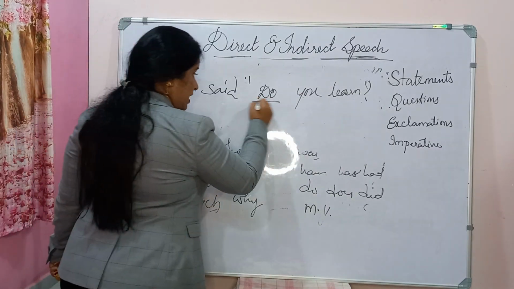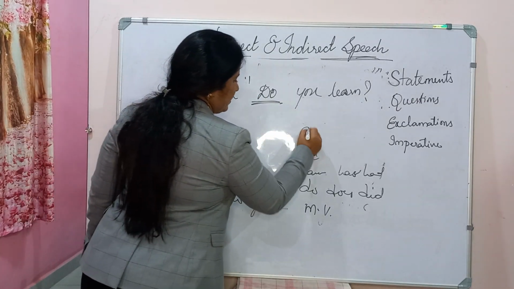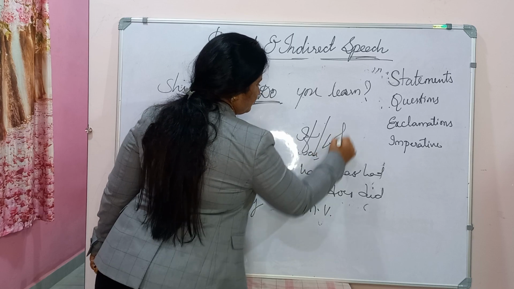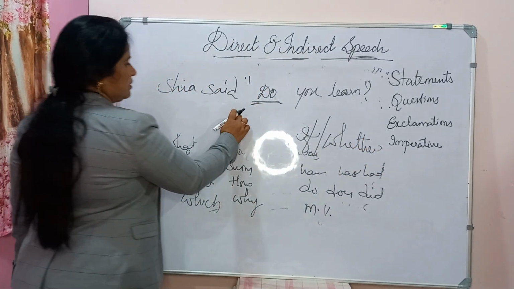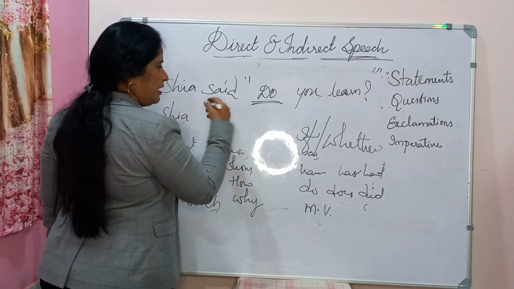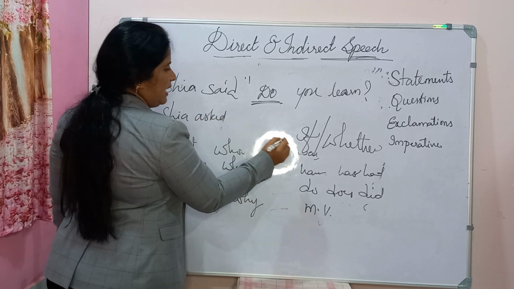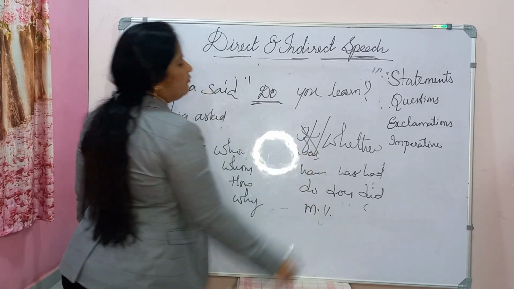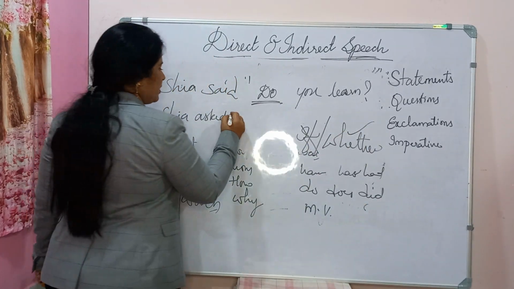So for such auxiliary verbs, what is the thing we have to use? Remember, if, or whether. So here she inquired, asked, questioned. Let's take asked. She asked. We use this if very less, and this whether is most popularly used.